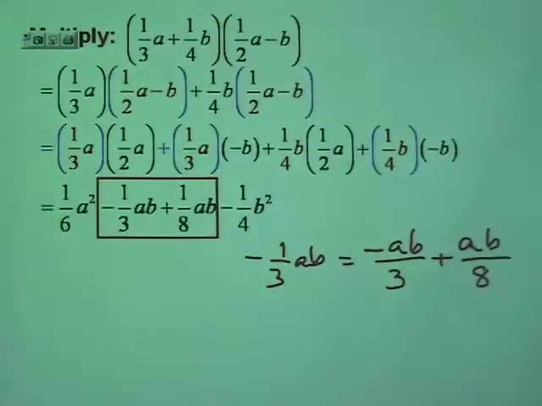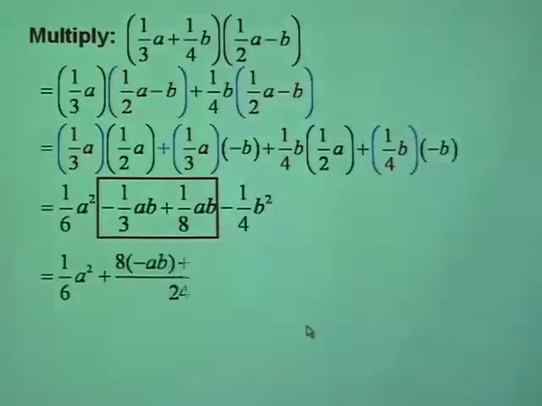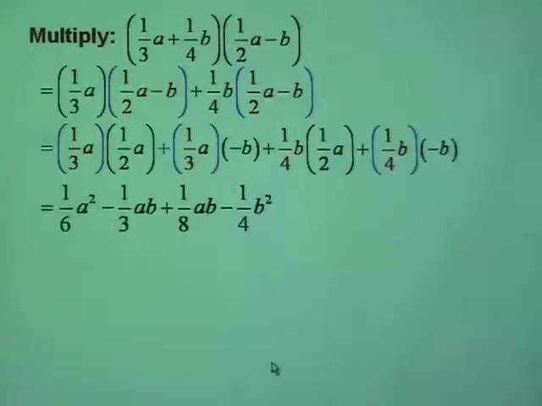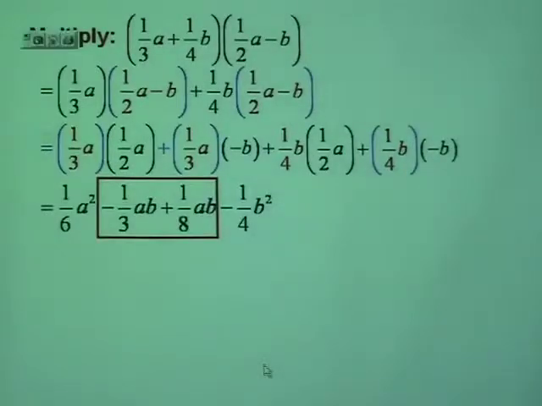The common denominator is 24, and watch this that I'm doing. Well, I have disturbed it, so I'm going to write that one more time. Okay, that is negative AB divided by 3 plus AB over 8.